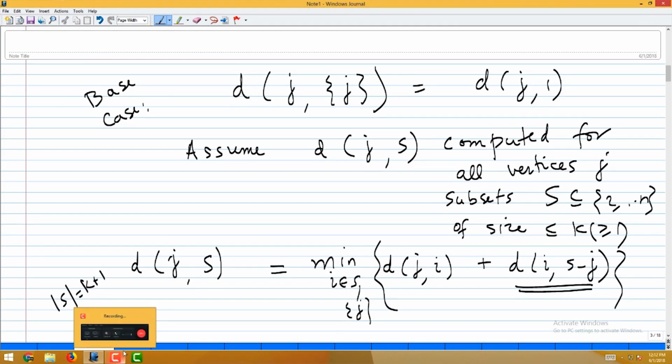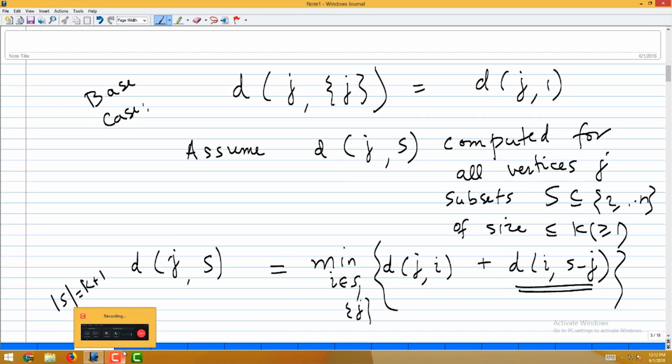That suggests what sub problems I need to compute, and then there is a recursive formulation for incrementally computing these sub problems. To analyze the running time, you have a dynamic programming table: how many entries are in the table, and how much time does it take to compute one entry. You multiply that, you get the overall running time.